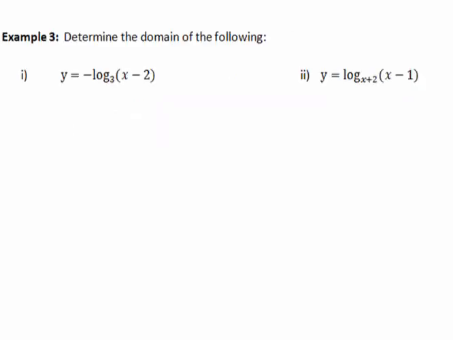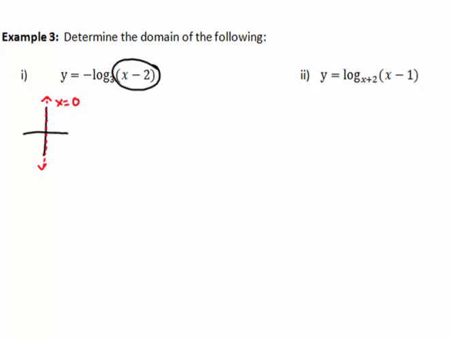Well, here's our logarithm, and we want to find out what is the possible domain of this logarithmic function. The domain is going to come from this piece of the graph. If we think about the sketch of the graph, the vertical asymptote was at x equals 0.